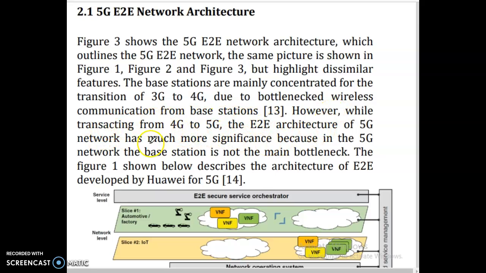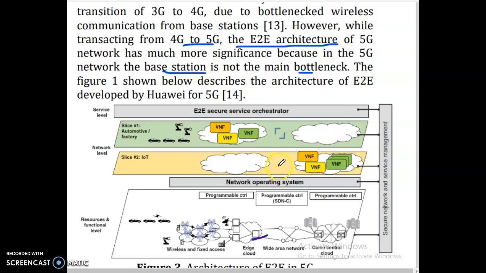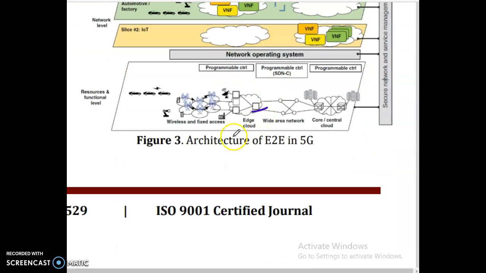However, while transitioning from 4G to 5G, the E2E architecture of the 5G network has much more significance, because in the 5G network the base station is not the main bottleneck. Figure 1 shown below describes the architecture of E2E developed by Huawei for 5G.